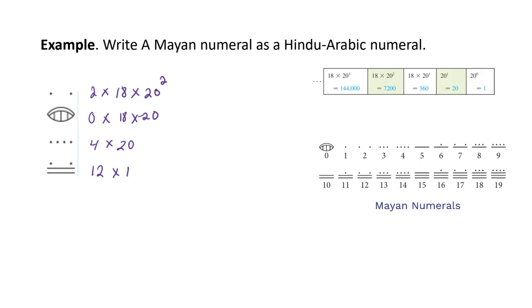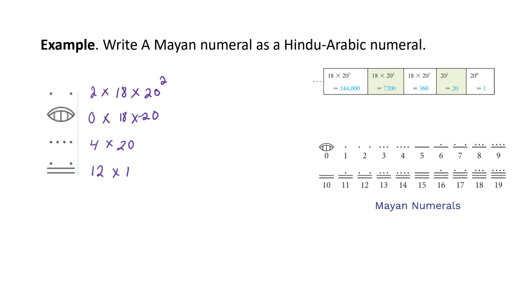I mentioned before that the reason for that is because they wanted to get close to 365, because they were very astrological, and they noticed that 360 was closer to the full rotation of the Earth. So even though they have powers of 20, they start multiplying them by 18. So you get 360, and then 18 times 20 squared, which is 7,200, and 18 times 20 cubed, which is 144,000.